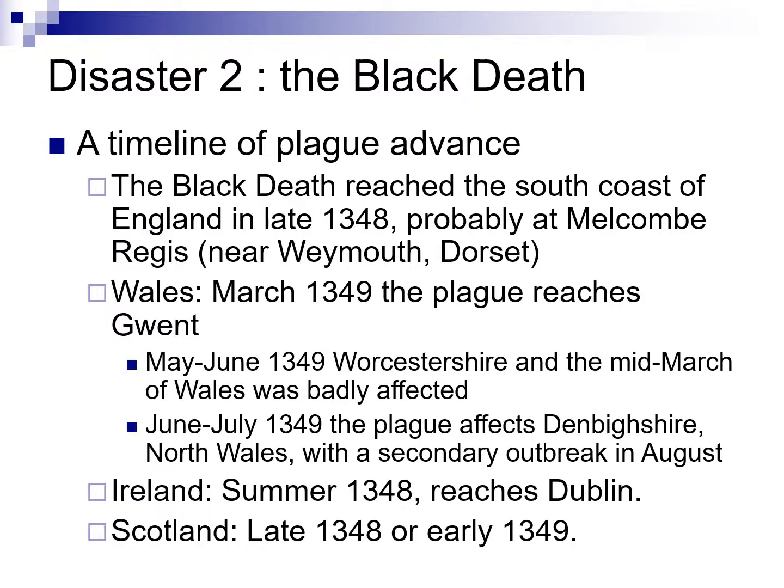In Wales, it's been suggested that plague probably arrives in 1349 in Gwent, that's to say in the extreme southeast from England. By May or June, it was in the Welsh borders in Worcestershire, and by mid-March, pretty much all of the Midlands and borders are affected. By June to July 1349, the plague arrives in Denbighshire, North Wales, with a secondary outbreak in August.